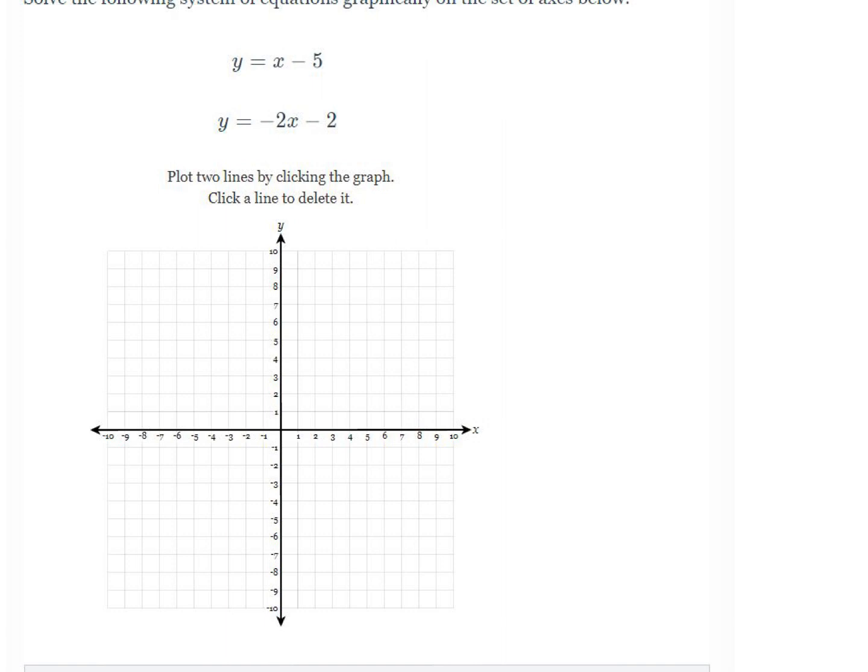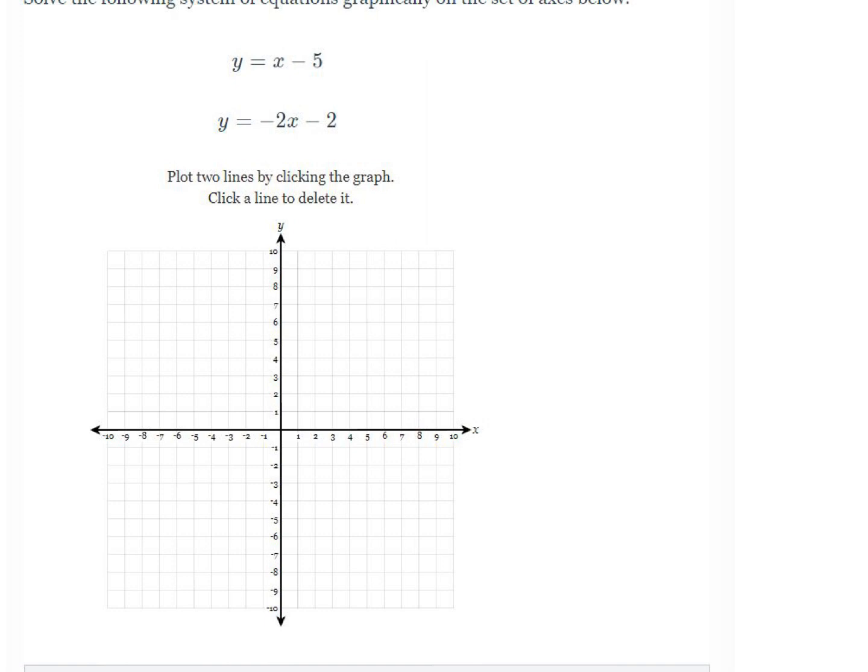So here we go. The first equation says y equals x minus 5. This equation is in slope-intercept form, where we have our slope and we have our y-intercept. The fact that we have a y-intercept means we know where we have a point on the graph, and that point is at -5. So when x is 0, y is -5.